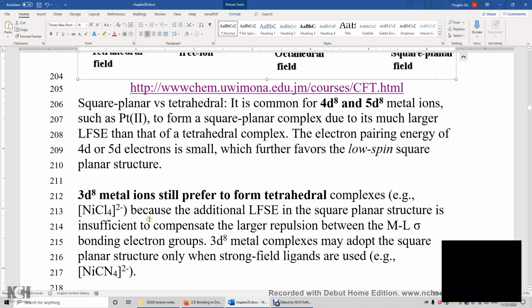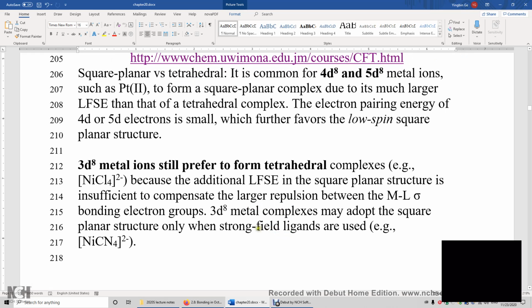But still, there are exceptions. 3d8 metal complexes can adopt the square planar structure if bonded to strong field ligands such as carbonyl ligands, cyanide ligands, and triphenylphosphine ligands.